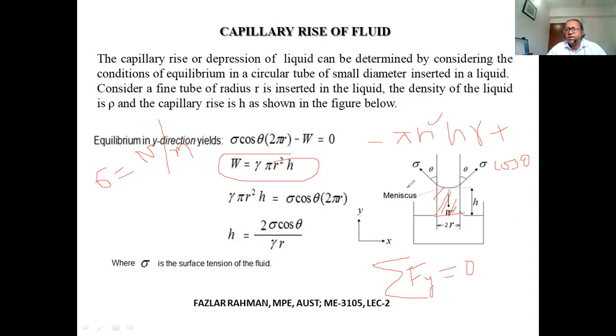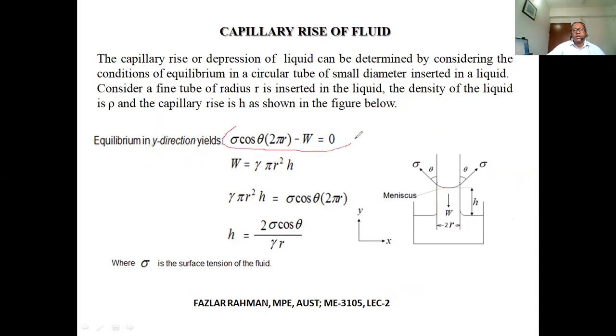So what is the peripheral length? 2 pi r. So we multiply with the 2 pi r length, then you get the total force. So your force balance equation is coming right over here. And we know W is equal to this mass. The W value is substituted over here. You just rearrange the equation, you'll get the height of the fluid, h.